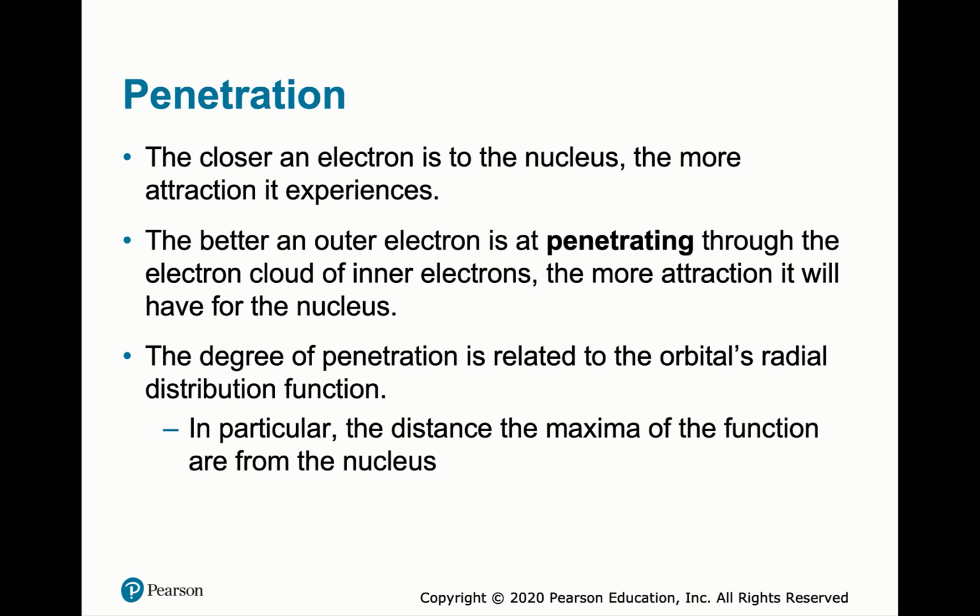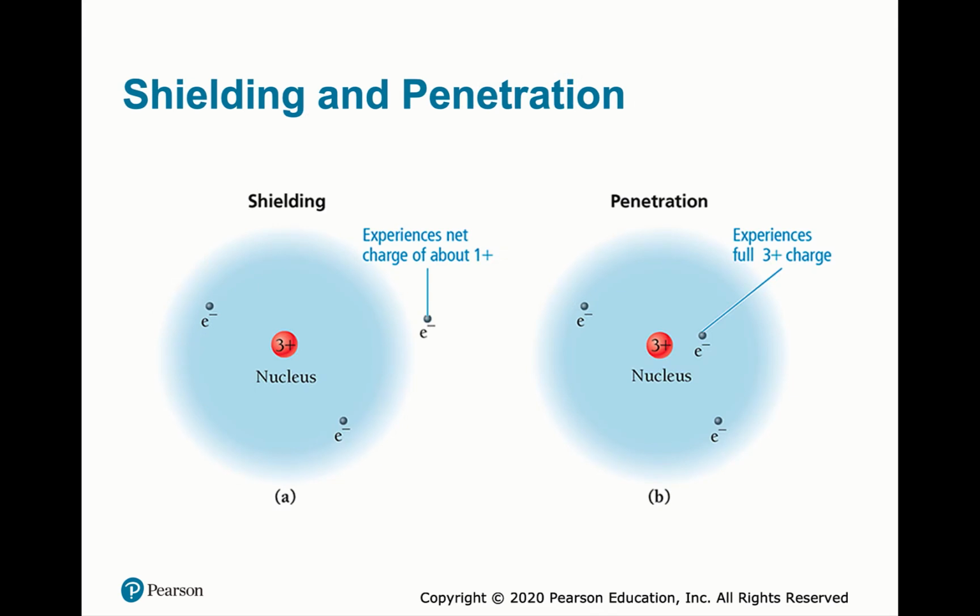Between the nodes, there's electron density closer to the nucleus, and that phenomenon is called penetration. And the more penetration, the effective nuclear charge is going to be slightly higher.